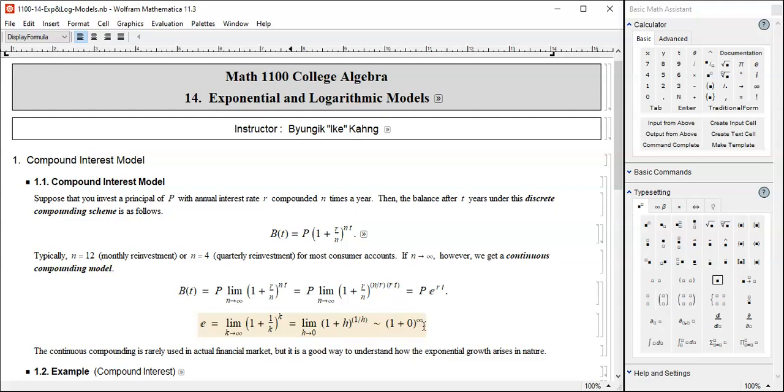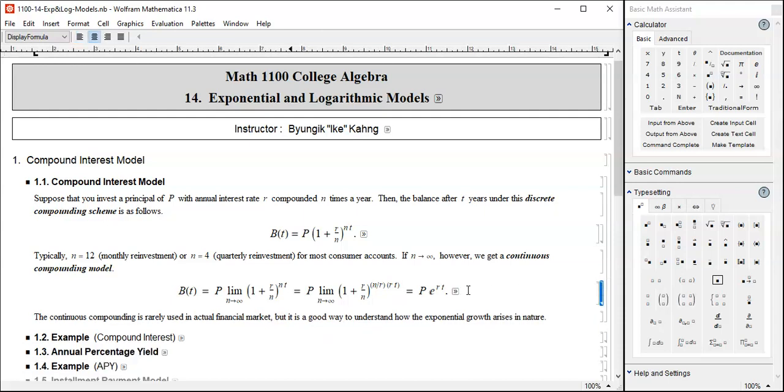Exactly how this thing is coming into play is something we'll have to discuss in calculus. We talk a little bit about this in calculus 1, but most of the discussion about natural exponential will be deferred to calculus 2 or higher. So for now, you'll just have to take it for granted. And here's one formula for continuous compounding. And here's another formula.